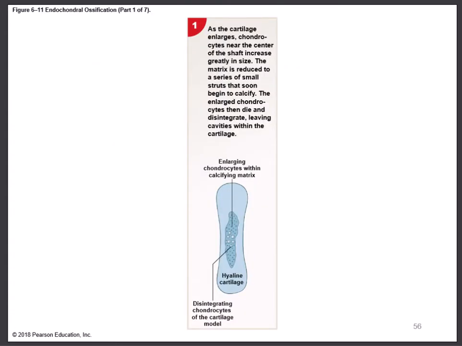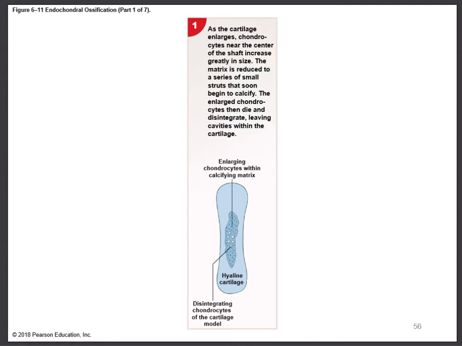So let's take a look at the first step of endochondral ossification. What you see here is a piece of cartilage. So let's just say we're making the arm bone, the humerus, and this would be where your arm bone would be. This is a piece of hyaline cartilage. Now, the hyaline cartilage has chondrocytes.